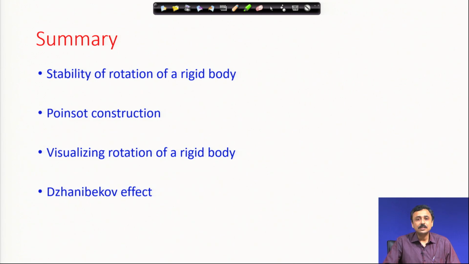We have visualized the rotation of a rigid body, and we have also looked at the major axis theorem, which applies to flexible bodies with internal damping. Finally, I have shown you the Dzhanibekov effect, which is observed in space, and the simulation replicates that effect. With that, I will close this lecture.